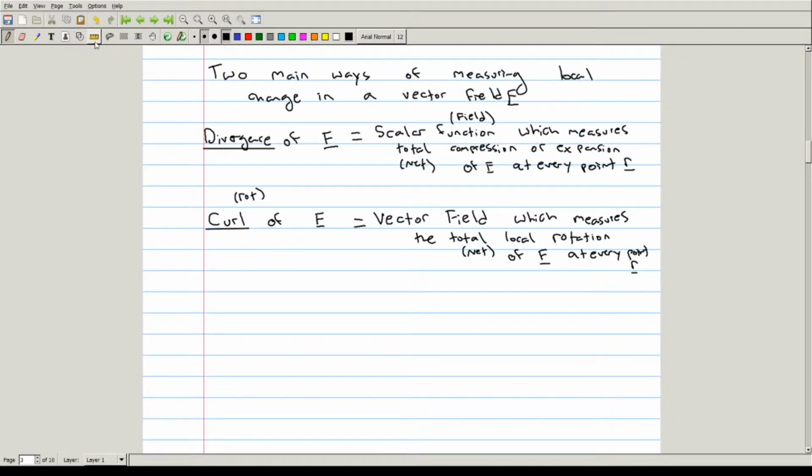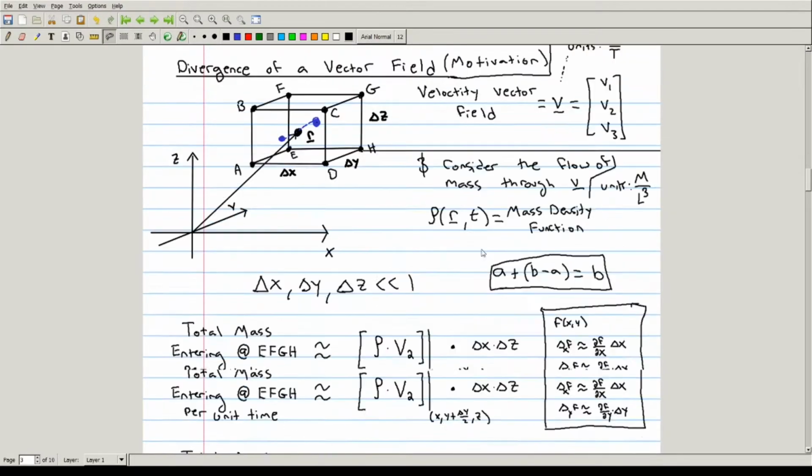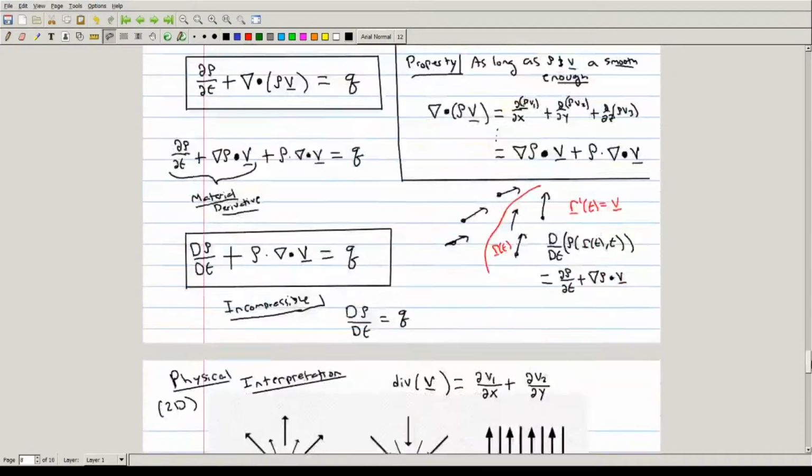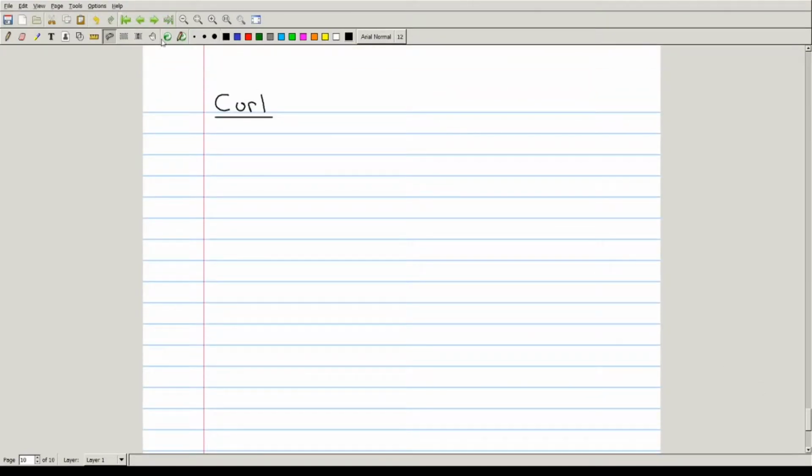It's a new vector field which measures the local rotation of the vector field f at every point r. So this is defined as follows.